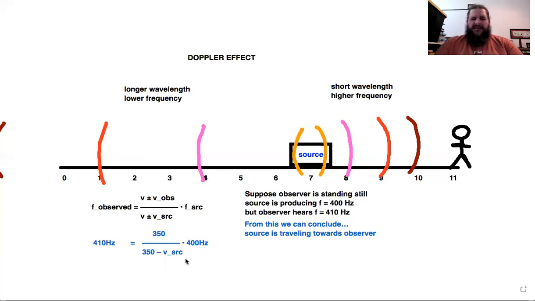So let's work out the algebra then. How would you isolate V source if it starts out in the denominator? Is there any way you can multiply by it? Yeah, if we just multiply both sides by that entire denominator, then that should cancel out the denominator. We just multiply by 350 minus V source and multiply the other side by 350 minus V source.